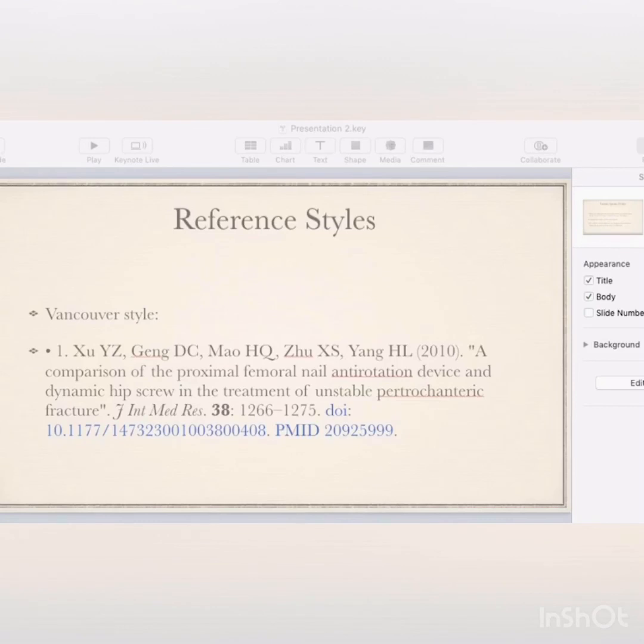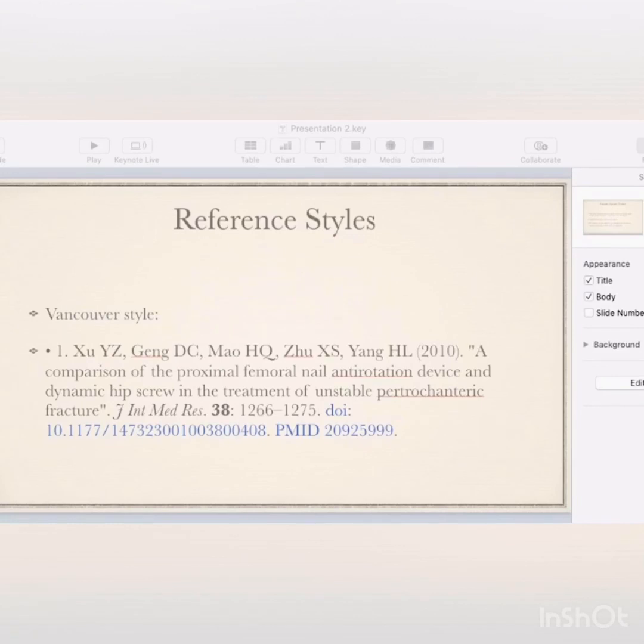The first of the two styles is the Vancouver style, and as such you may see here the style is written as follows. For every author that's present, they're written in the same order as present in the article which is being cited. And for every author we have written the surname followed by the initials of the forenames given.